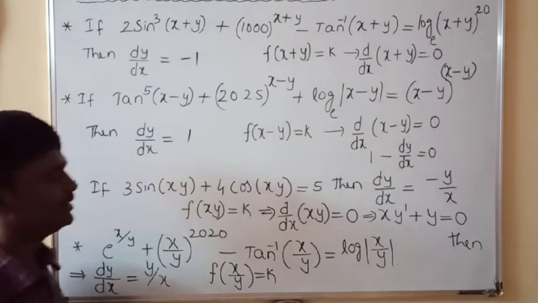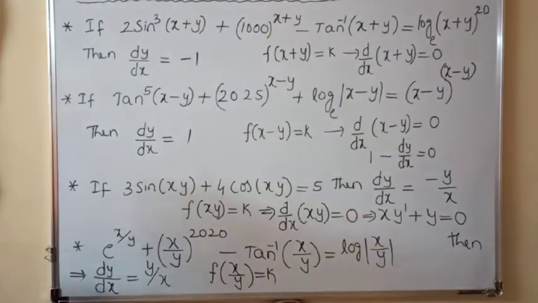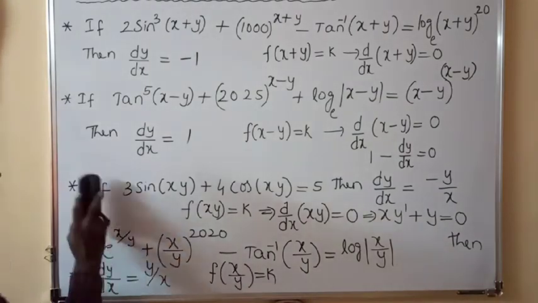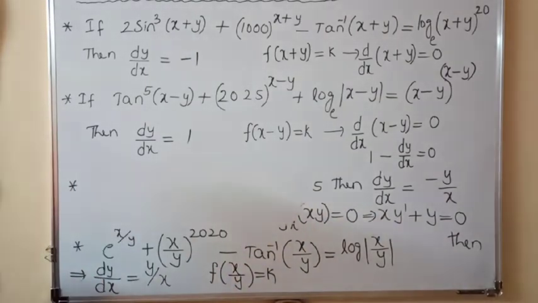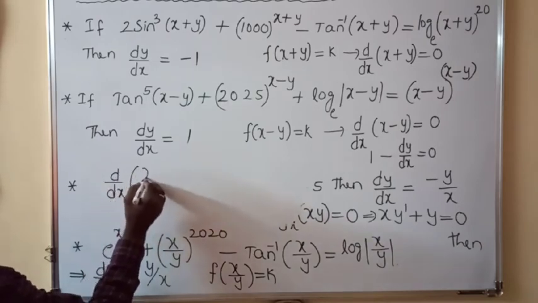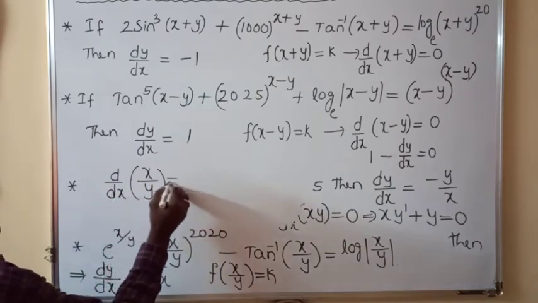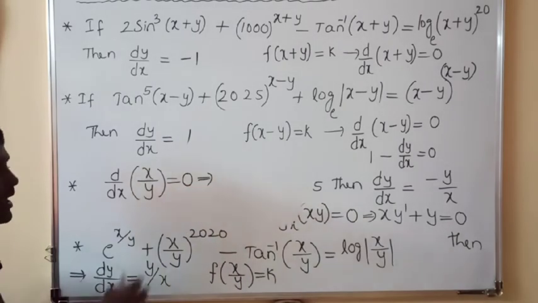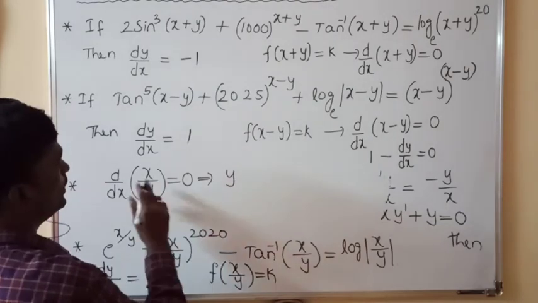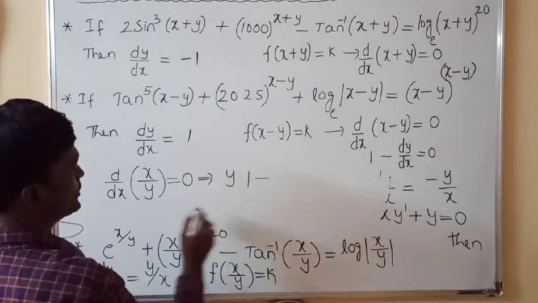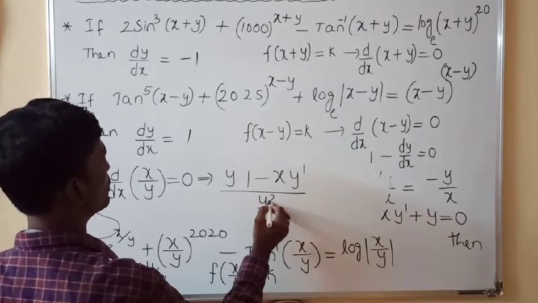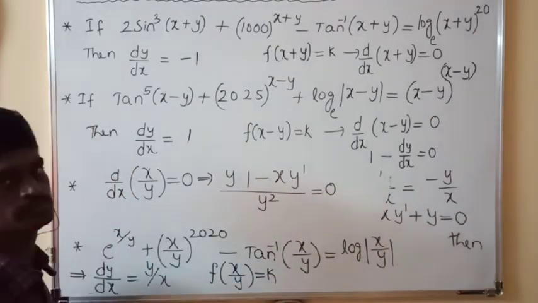Then to get dy by dx, we have to solve which equation? d by dx of x by y is equal to 0. Applying quotient rule here, if you apply quotient rule, what you will get? y into derivative of x is 1, minus x into derivative of y is y dash, divided by y square, is equal to 0.